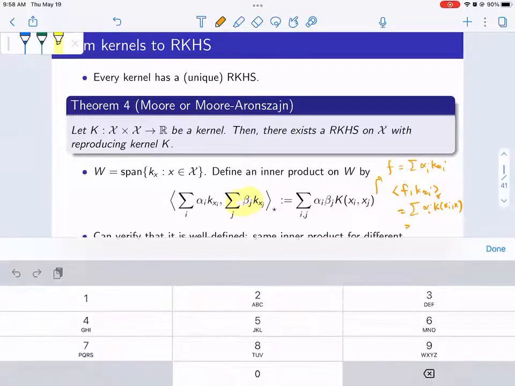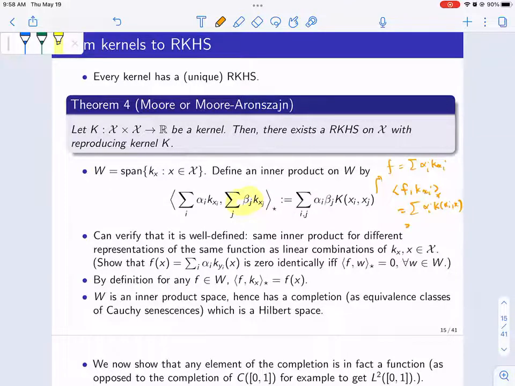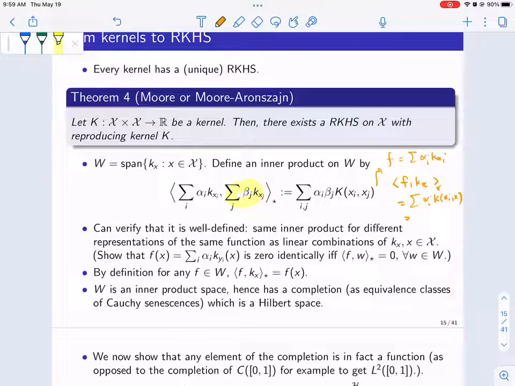But this is just f(x). Because f is just this sum, and if you put the argument there, you're evaluating at x. So this reproducing property holds over this space with this inner product.